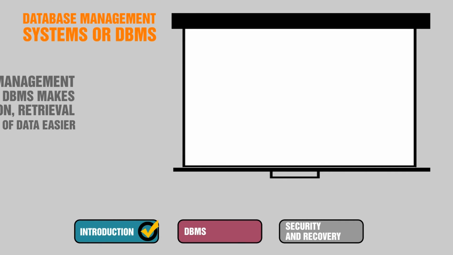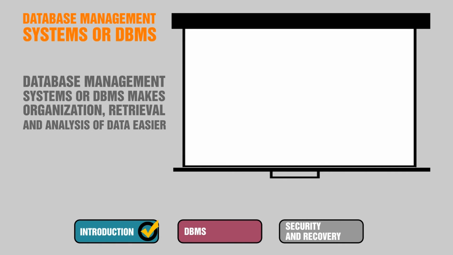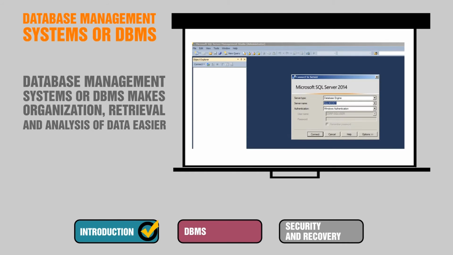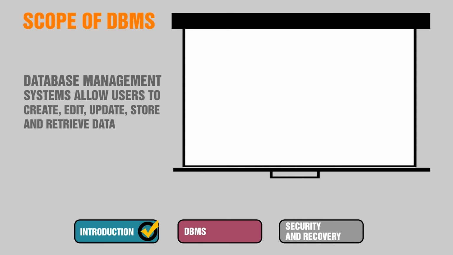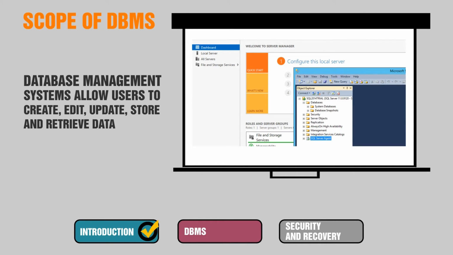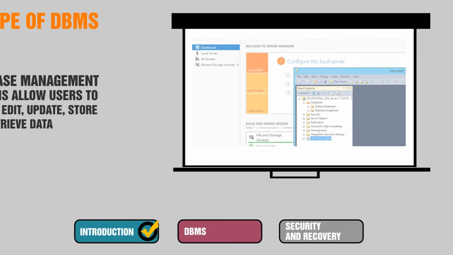Moving on, the big advantage of computerized databases is organization and retrieval. And software such as database management systems or DBMS makes this task easier. Database management systems allow users to create, edit, update, store, and retrieve data from database files.